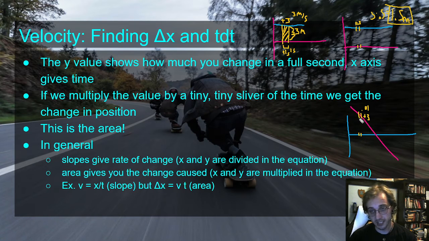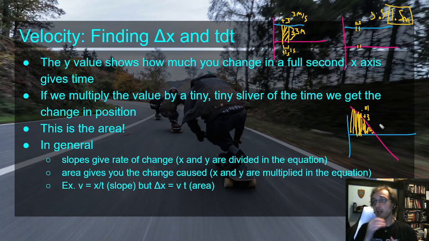So what I can do is take this tiny little sliver and multiply it by the time to get the tiny, tiny, tiny amount of distance we travel in that time. If I do that for this little sliver, and this little sliver, and this little sliver, and we just keep doing that, what we've done is we've built up this thing that mathematically is accidentally the same as just the area of that triangle. And this is the basis of calculus, or one of the bases of calculus.